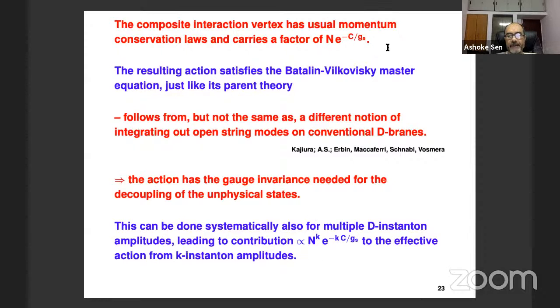That means you can, in a Feynman diagram, now use this vertex many times. So those will also give multiple instanton contributions. But what we are talking about here is part of the multiple instanton contribution that is not included by repeating this vertex many times, but which has to be included explicitly in the definition of the action itself. So there are such terms that exist.